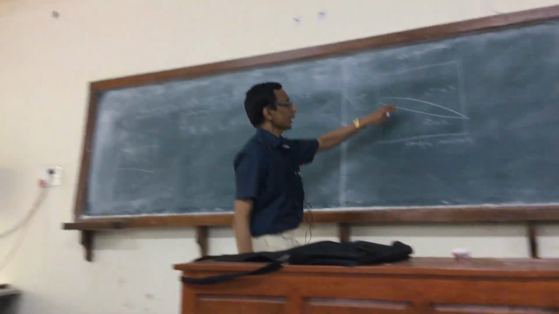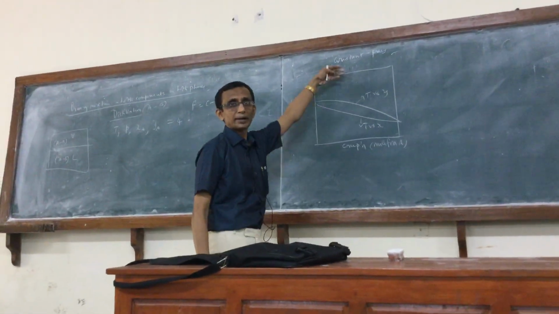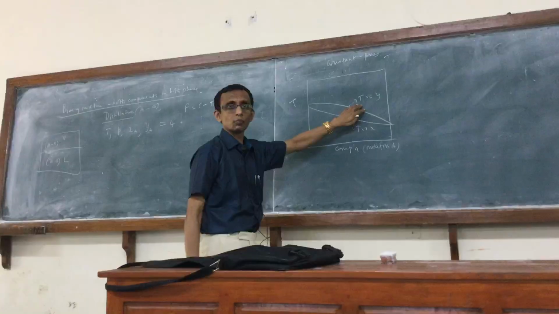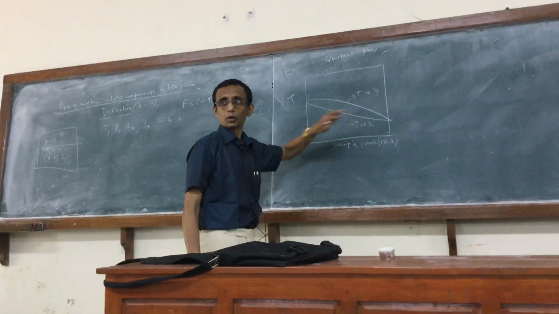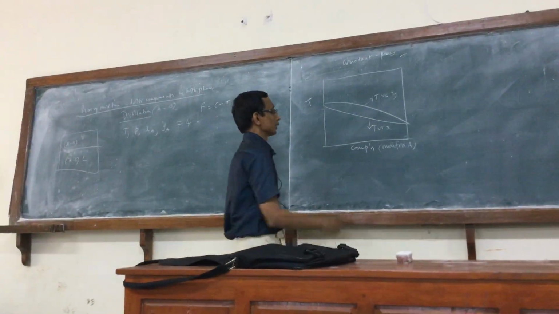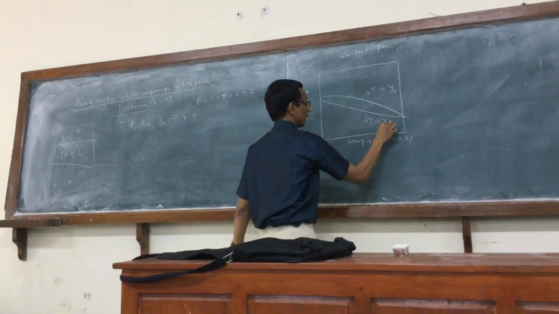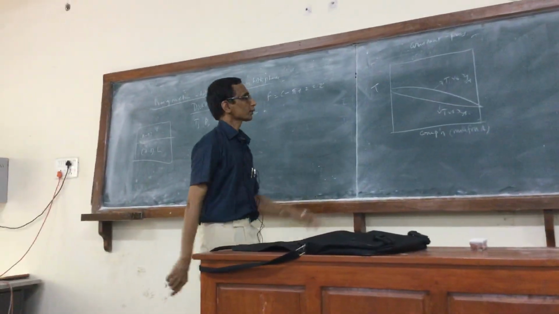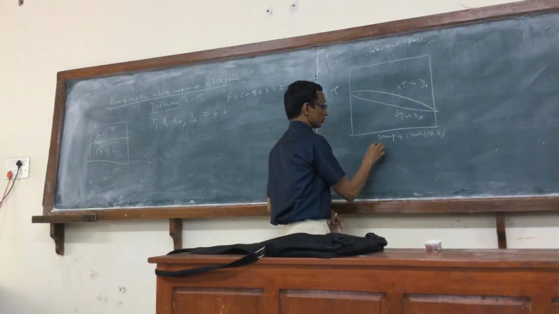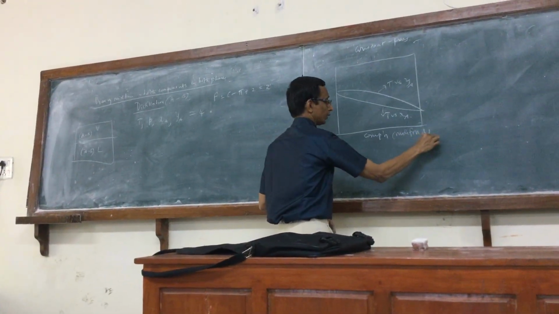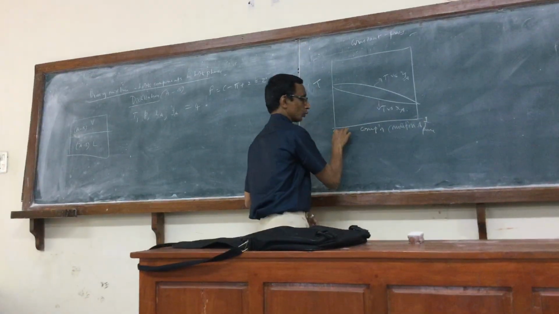These are the envelopes which separate the single phase from the two-phase region. This is T versus Y. I will explain what Y means and what X means. Y obviously means the mole fraction, T versus YA. So clearly, first of all, this is the composition of A. This is clearly pure A, with a value of 1.